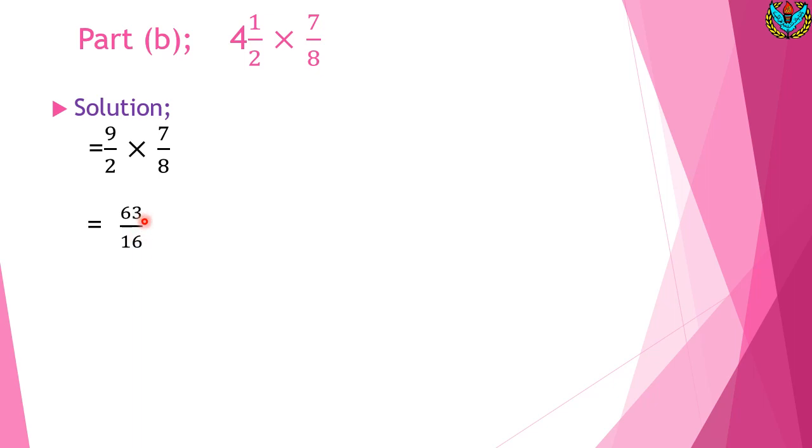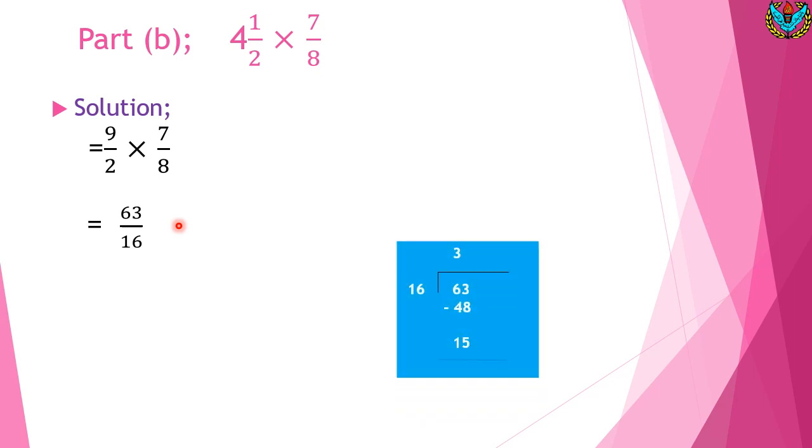This 63 by 16 is an improper fraction and we can change an improper fraction into a mixed number using division. Divide 63 by 16. 16 times 3 is 48. 63 minus 48, we get 15. Our required answer is 3 whole 15 by 16 and this answer is in lowest terms.